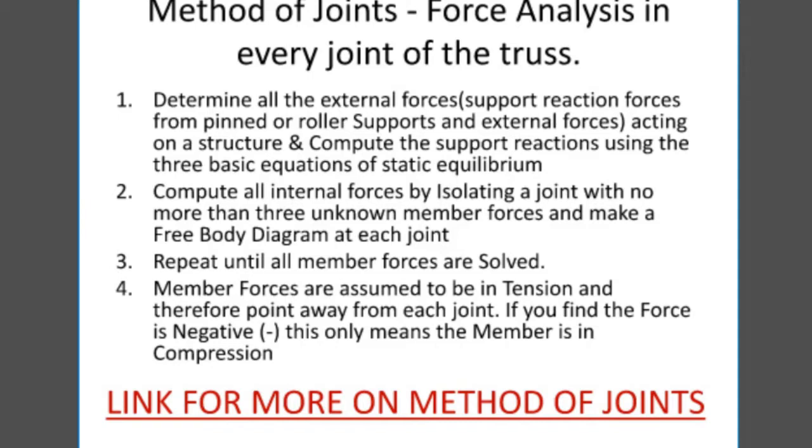We are to compute all internal forces by isolating a joint with no more than 3 unknown member forces, and make a free body diagram at each joint. We will repeat until all the member forces are solved. Member forces are assumed to be in tension and therefore point away from each joint. If you find that the force is negative, this only means that the member is in compression, not in tension. Please look at the link below for more on method of joints.